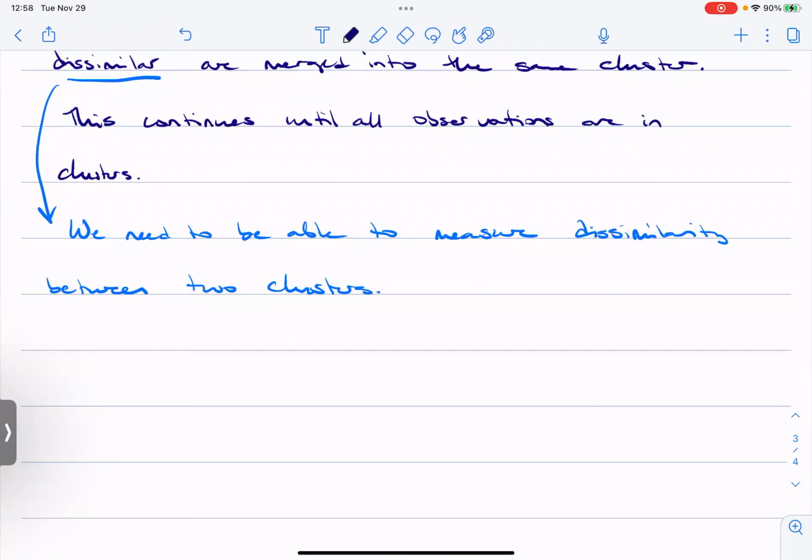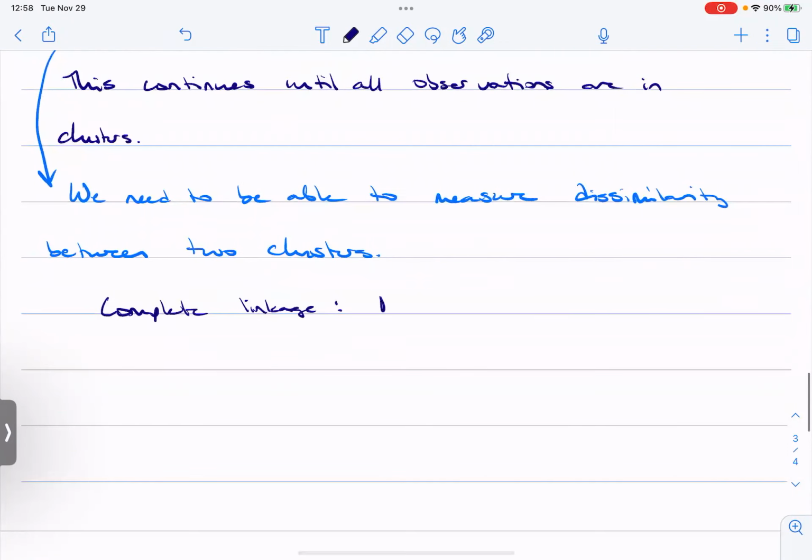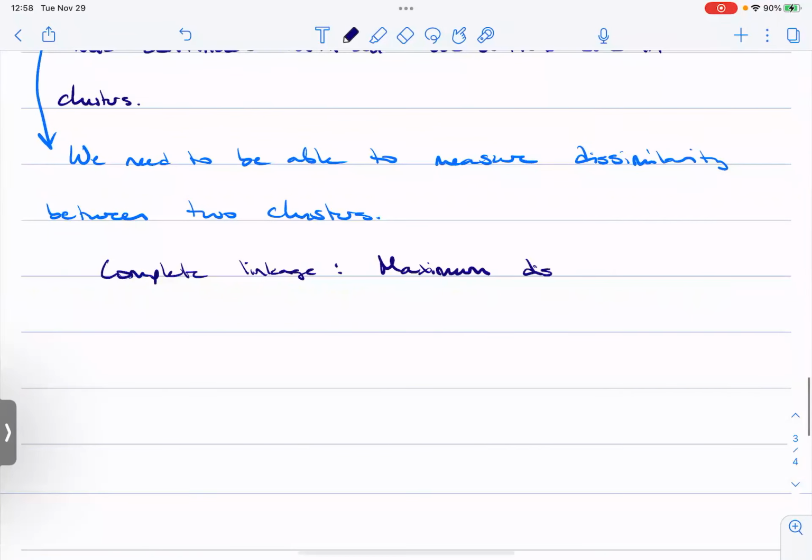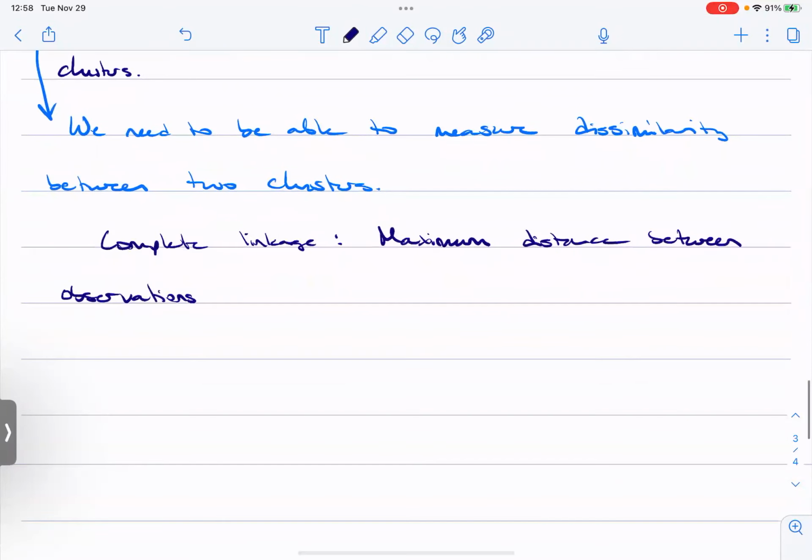So the complete linkage is one of those dissimilarity metrics, and it's the maximum distance between the observations furthest from each other.